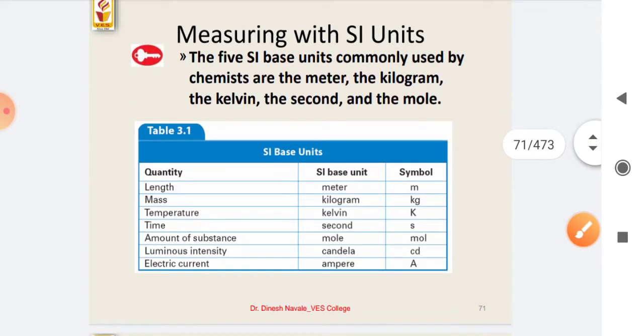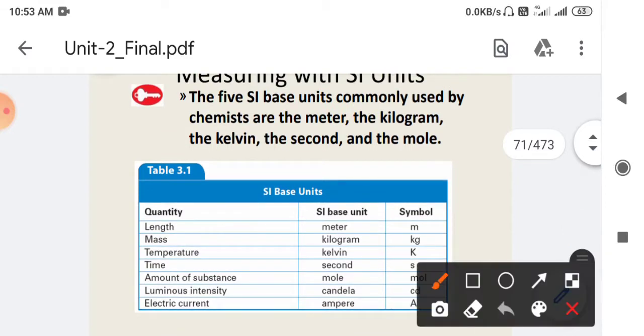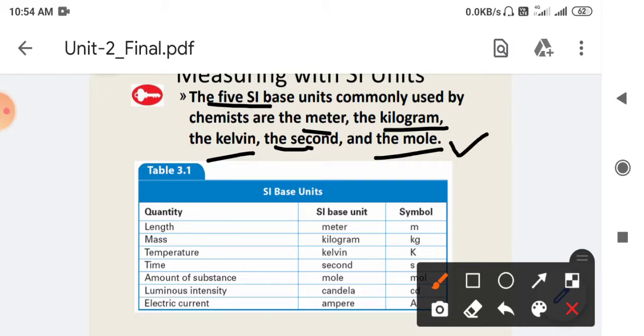There are 7 basic units, and out of those 7 we generally use 5 commonly used units: meter for length, kilogram for weight or mass, Kelvin for temperature, second for time interval, and for the amount of substance we use the mole, the number of moles.